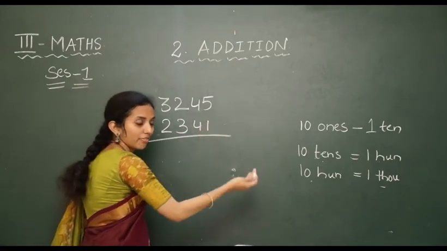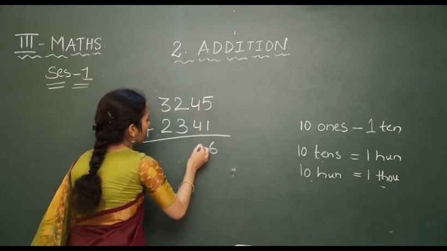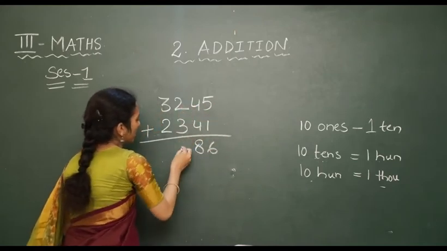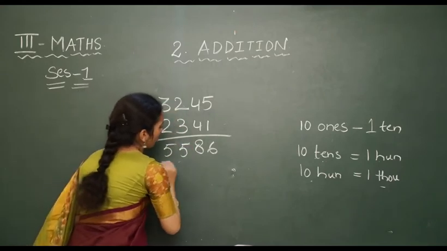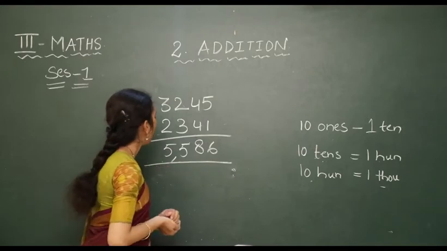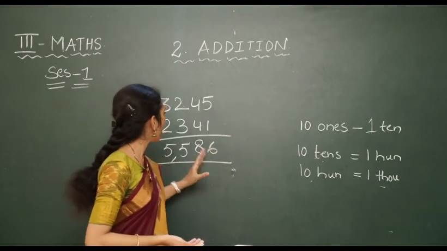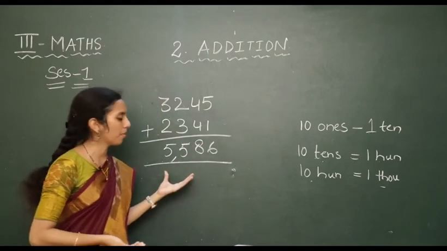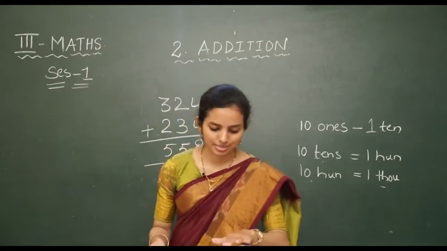We always add from the ones place. 5 plus 1 is 6, 4 plus 4 is 8, 2 plus 3 is 5 and 3 plus 2 is 5. So the desired result is 5586. Addition of these two numbers gives a sum of 5586.